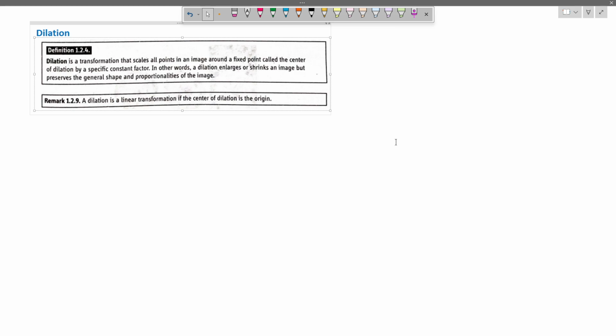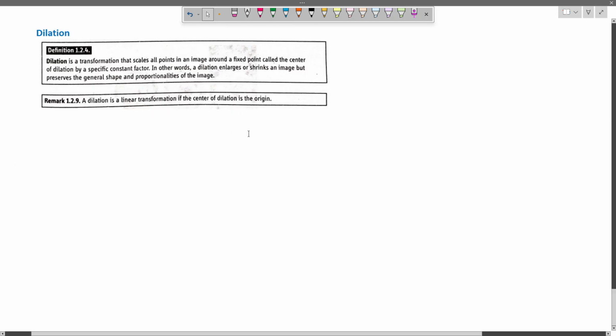In other words, a dilation enlarges or shrinks an image but preserves the general shape or proportionalities of the image. Okay? So a dilation will be a linear transformation if the center of dilation is at the origin, just like what we have before.